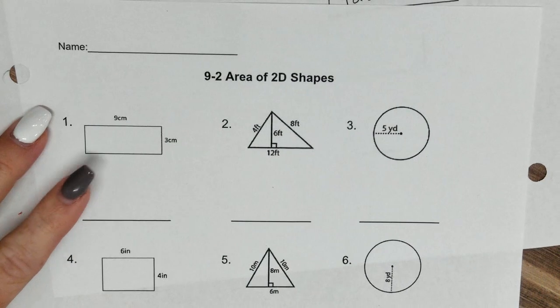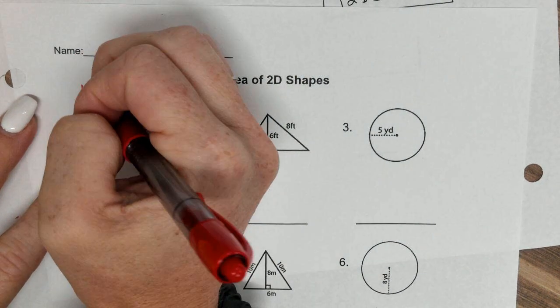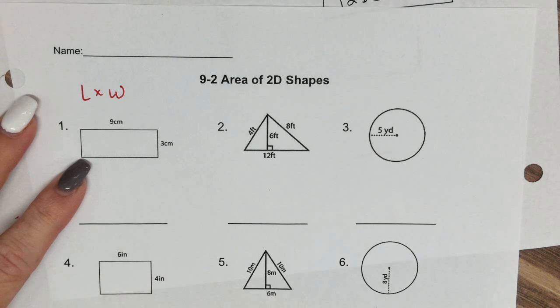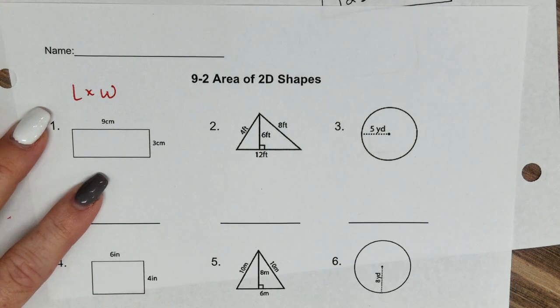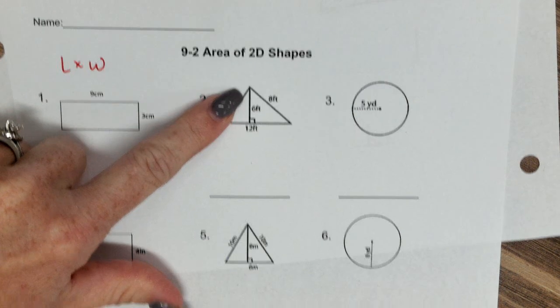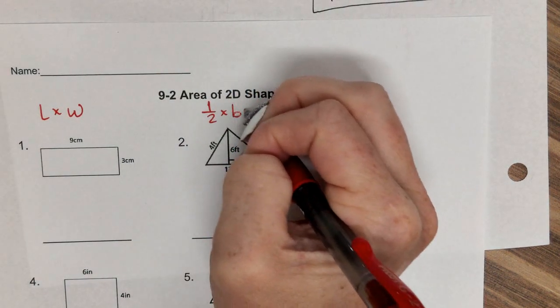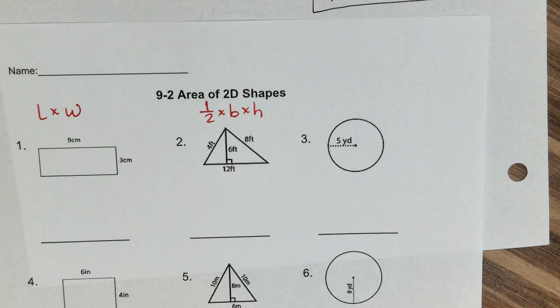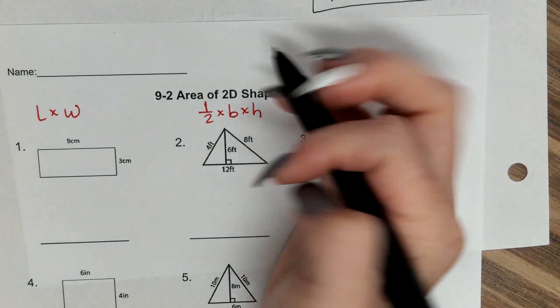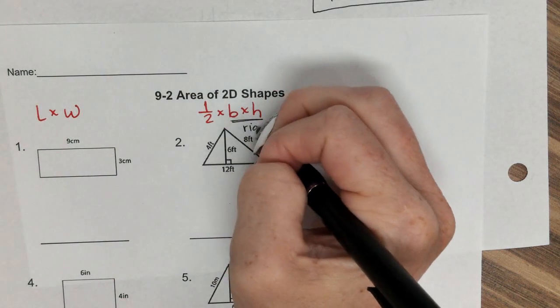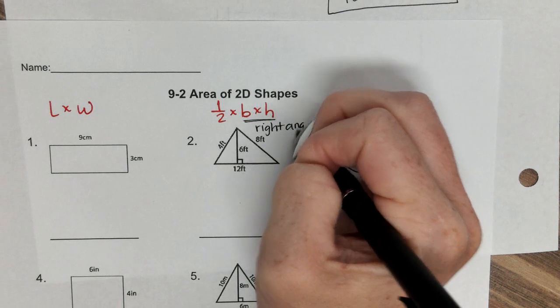How do you find the area of a rectangle? Length times width. How do you find the area of a triangle? 1/2 times b times h. Now stop. What did I say? To find the b and the h, you're looking for the right angle.